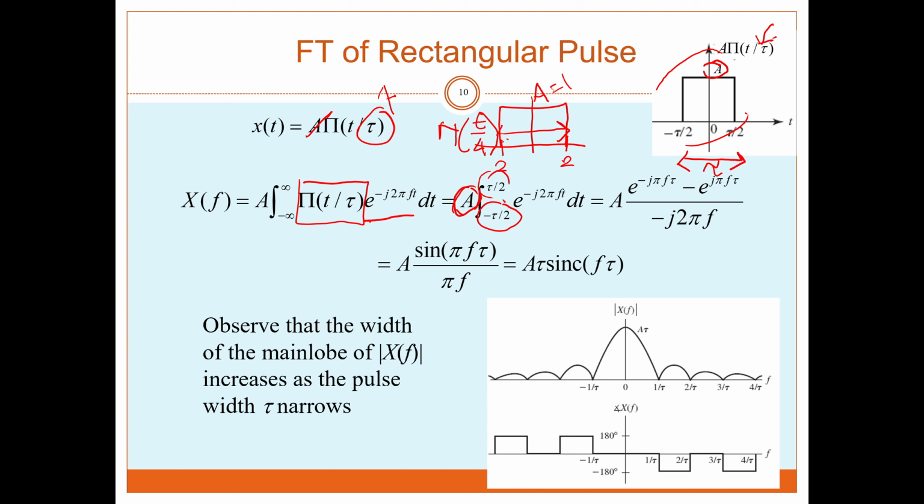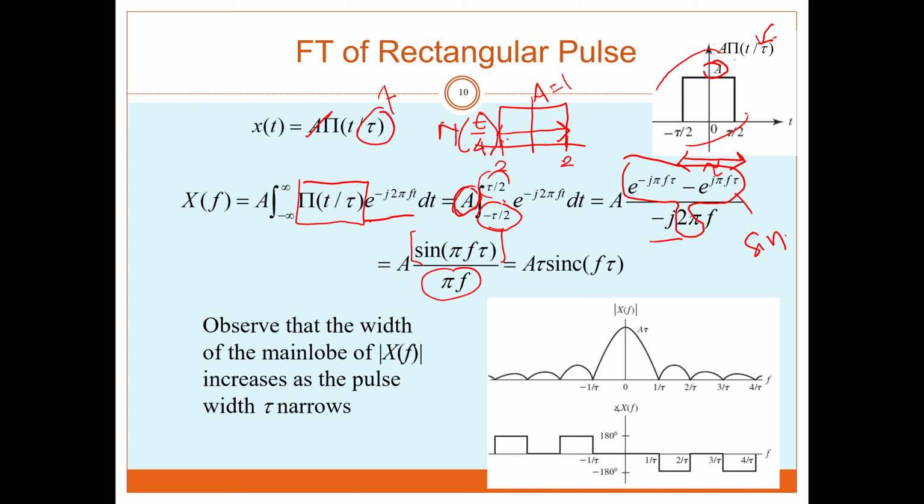So the function will become A times e to the minus j pi f tau minus e to the j pi f tau, divided by minus j 2 pi f. Okay, so we know that this is equivalent to sine. So we simplify, this will become sine pi f tau divided by pi f.